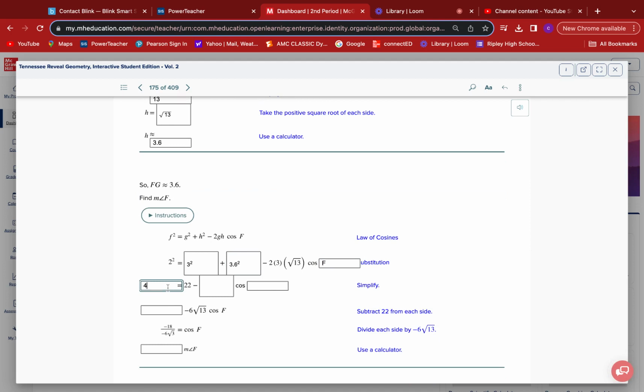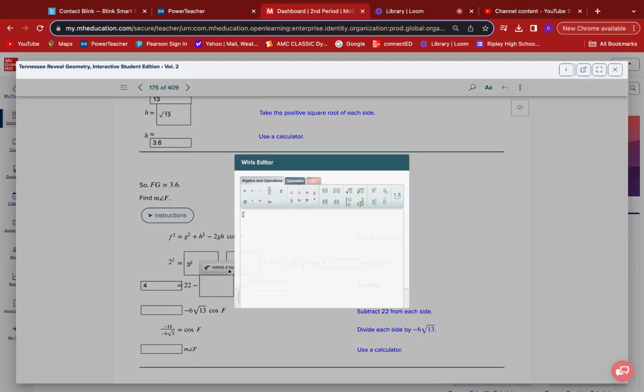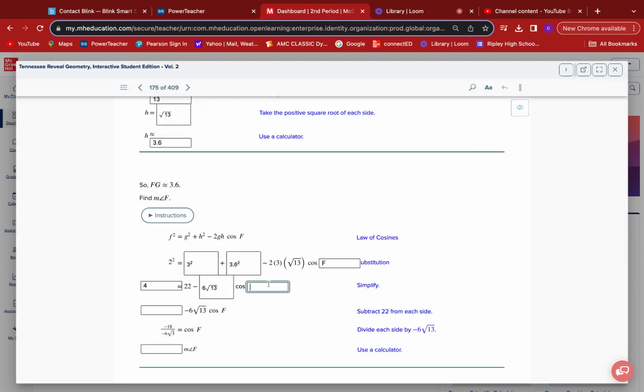2 squared is 4. All right, 3 squared plus the square root of 13 squared is 22. 2 times 3 is 6 times the square root of 13 will be 6 square root of 13. All right, cosine of F. 4 minus 22, because the opposite of adding is to subtract.